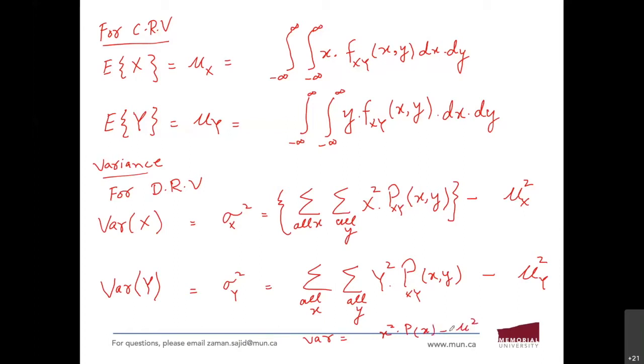This is what we were doing previously. It's the same formula, but for the two variables x and y. Now these variance formulas were for your discrete random variable. In the next slide, I'm going to write down for the continuous random variable.